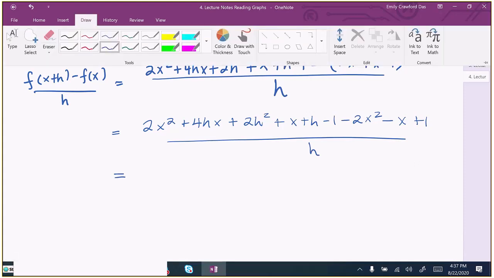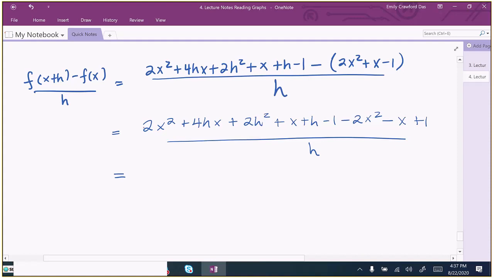Let's see what we can cancel. I have plus 2x squared and minus 2x squared. I have plus x and minus x. I have plus 1 and I have minus 1. So this looks pretty nice. So this is just 4hx plus 2h squared plus h, that's all I had left, and over h. So it seems like I can factor h out of all of these.